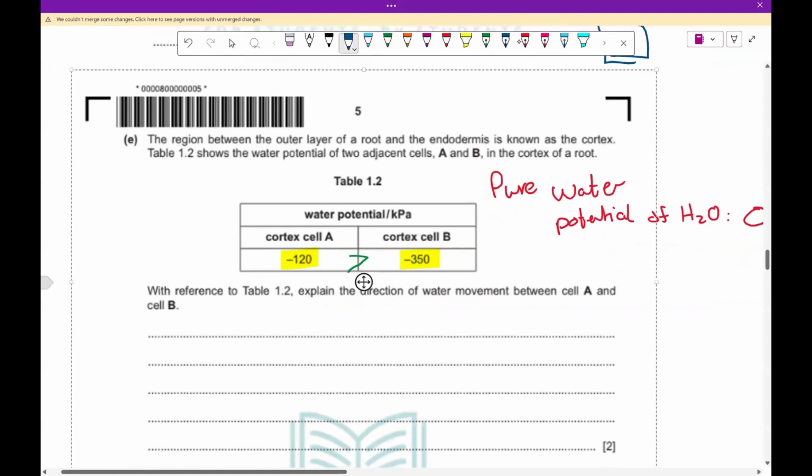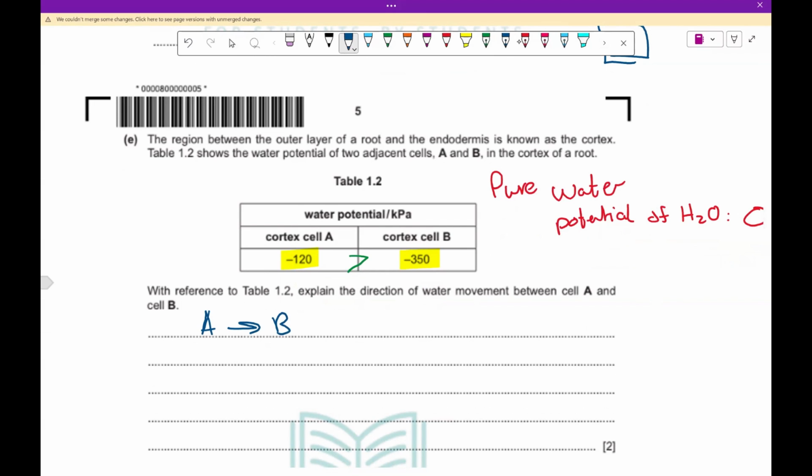So we say that the movement is from A to B, since the water potential of A is greater than the water potential of B, and it spreads by osmosis.